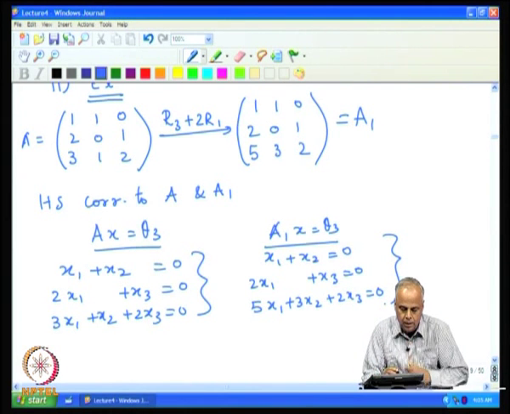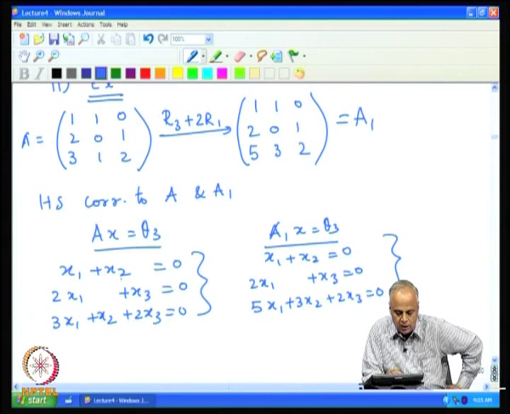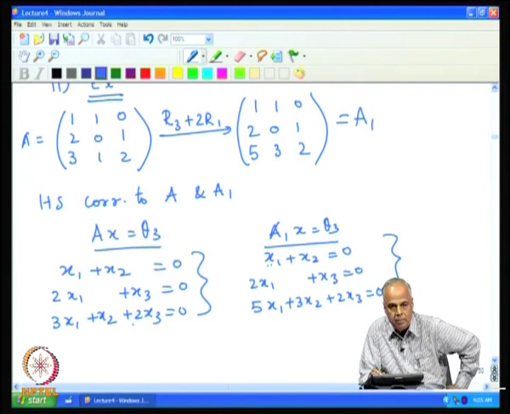Now, we see that if any x1, x2, x3 satisfies this set of equations, it will certainly satisfy the first equation in A1x because they are the same. It will certainly satisfy the second equation in A1x because they are the same. It will also satisfy the third equation because the third equation is nothing but the third equation of the first set plus twice the first equation of the first set, and since those are satisfied, this will also be satisfied.